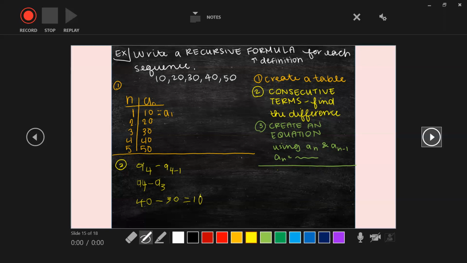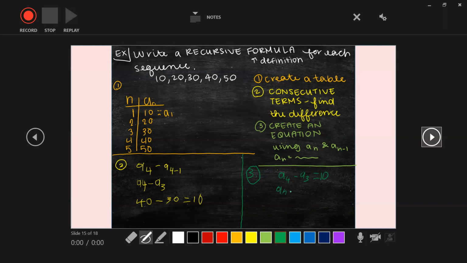So why don't you go ahead and do step 3 in green for me? You're going to have a sub 4 minus a sub 3 is equal to 10.